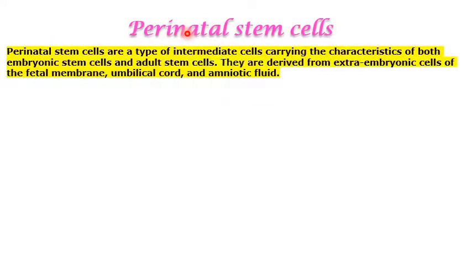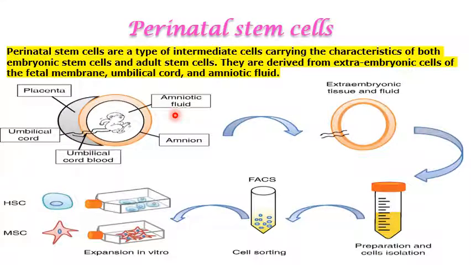Perinatal stem cells are those stem cells which have the properties of both the adult stem cells as well as the embryonic stem cells, and these are derived from the extra embryonic tissues like umbilical cord, amniotic fluid, and the placenta.